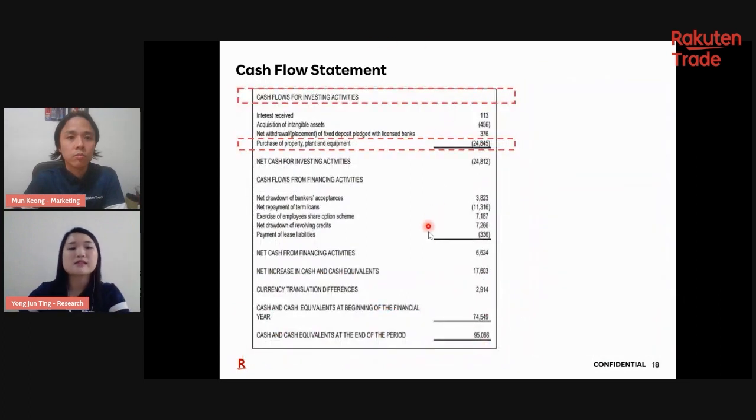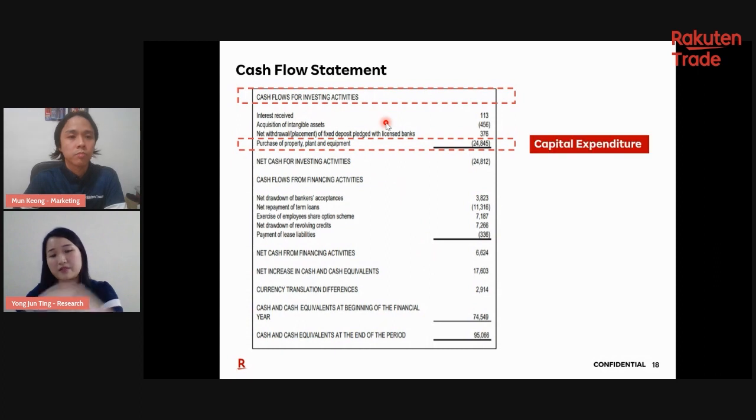So the second segment of a cash flow statement is your cash flow from investing activities. The purpose of this is for me to see the capital expenditure via the purchase of property, plant, and equipment. Also, extra information here: there are two different kinds of capex, capital expenditure. One is maintenance capex, and the other is growth capex.